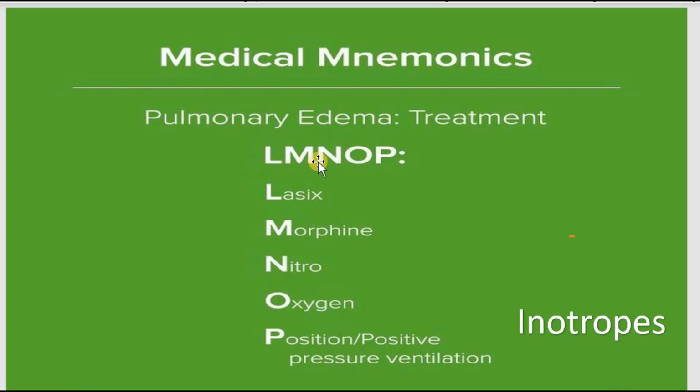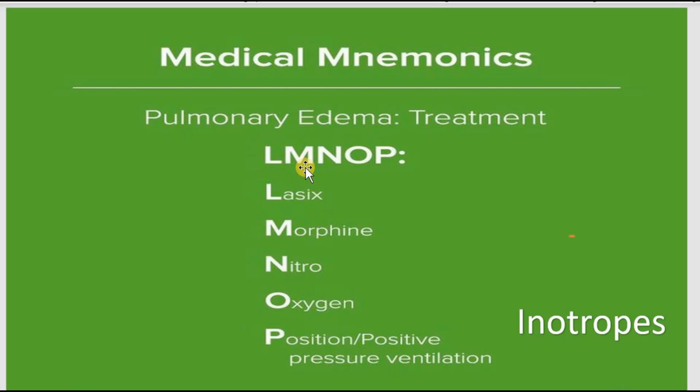Remember, LMNOP. It stands for Lasix, M for morphine, N for nitroglycerin or oxygen, P for position and positive pressure ventilation. Lasix is a diuretic, so it helps to remove excess fluid. Morphine helps to reduce anxiety and shortness of breath.